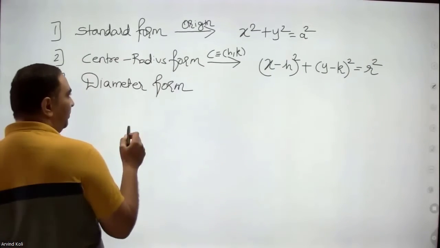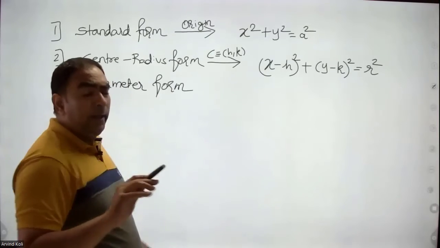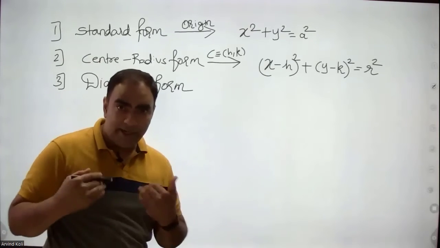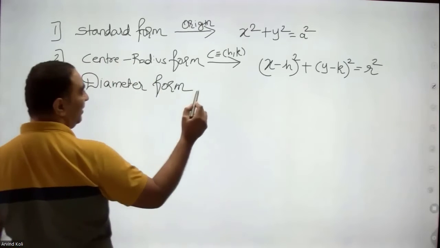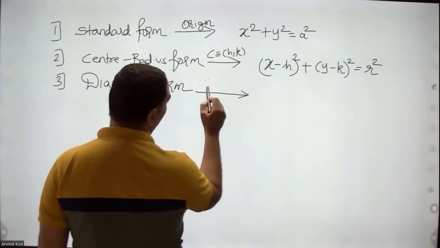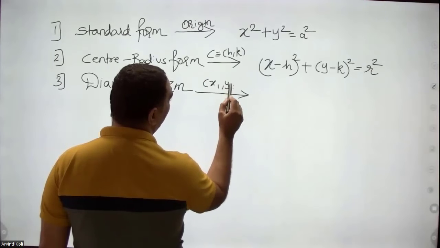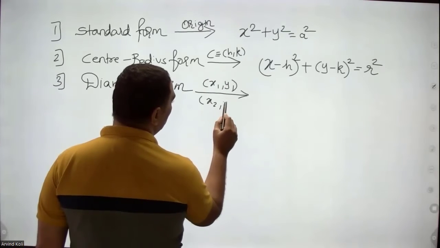Now diameter form. Diameter में जो डायमीटर के एंड पॉइंट्स हैं उसके कोऑर्डिनेट्स हमें पता होने चाहिए. So here we say the coordinates are x1 y1 and x2 y2.